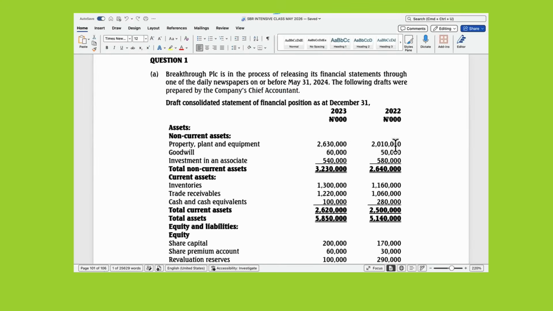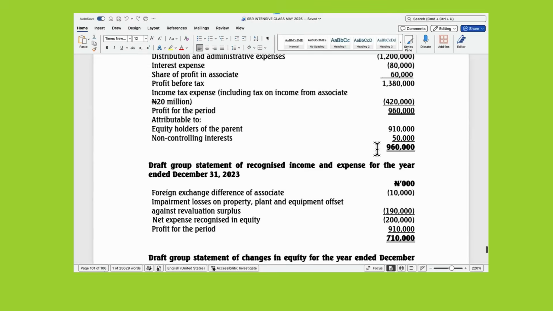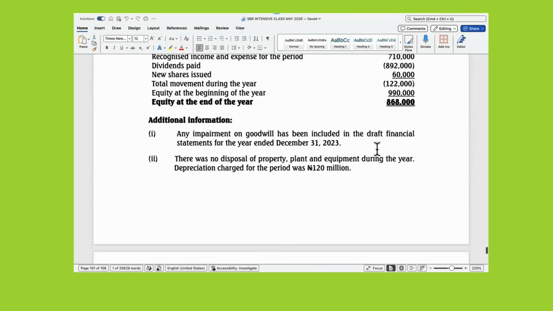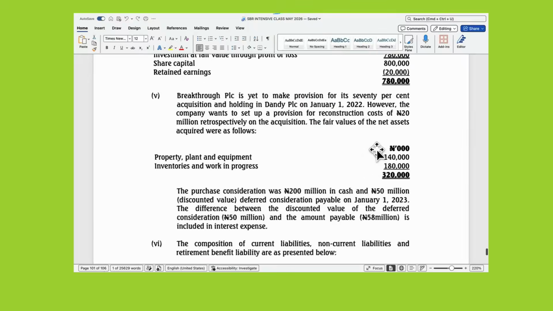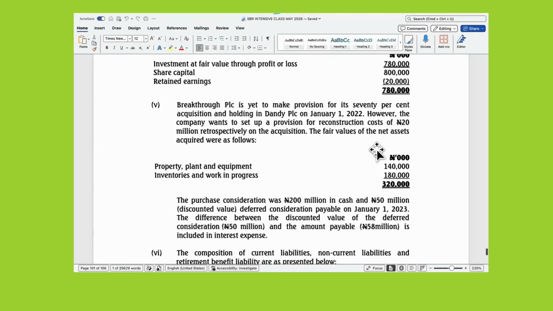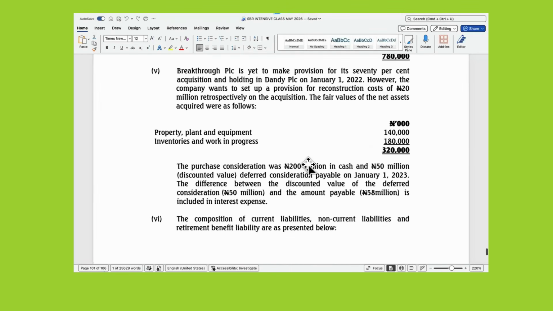So the second movement is in my goodwill, which moved from 50,000 to 60,000. So what is causing this movement? First thing, you know that this 50 will have been calculated earlier on from the subsidiary that I acquired, this one in note 5, that I paid 200 million for.